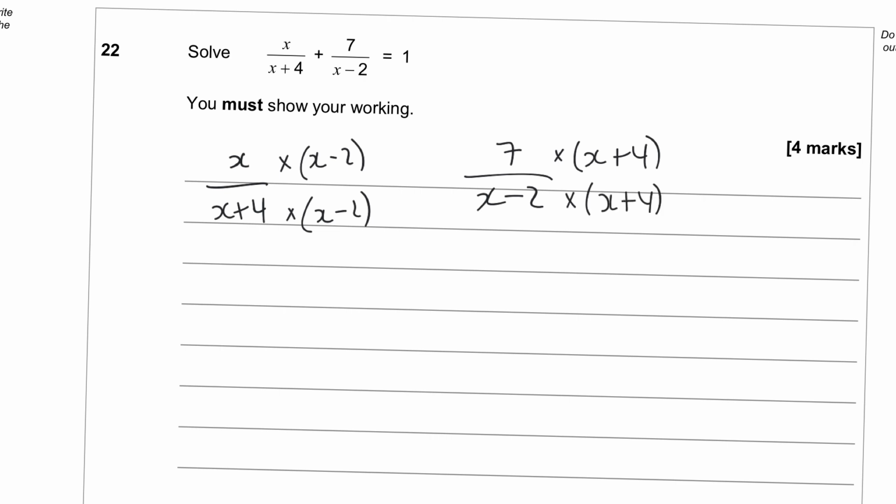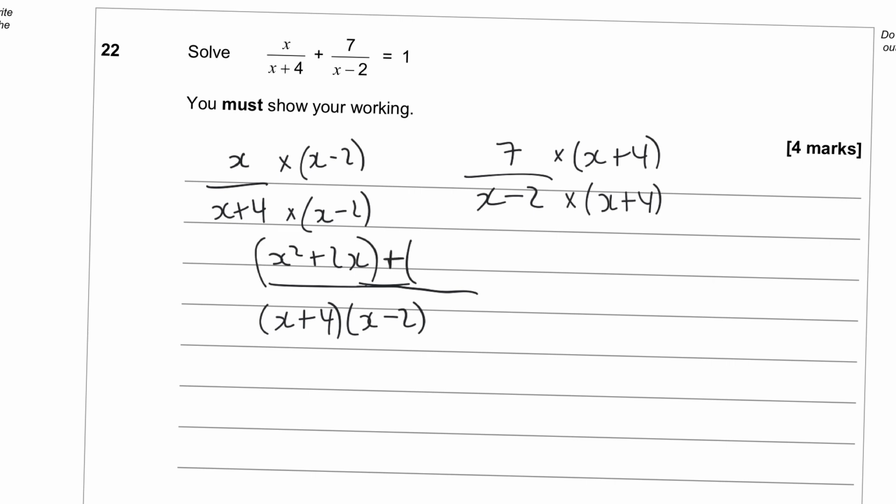That's going to leave us with the first fraction being x squared plus 2x over x plus 4, x minus 2. And then add that onto the second one, which would be 7x plus 4. Then we can simplify the top part of the fraction.